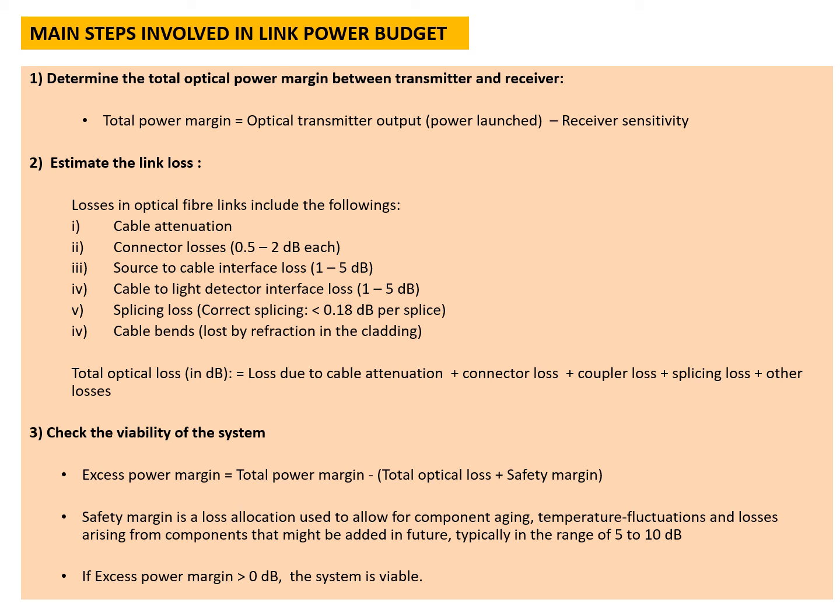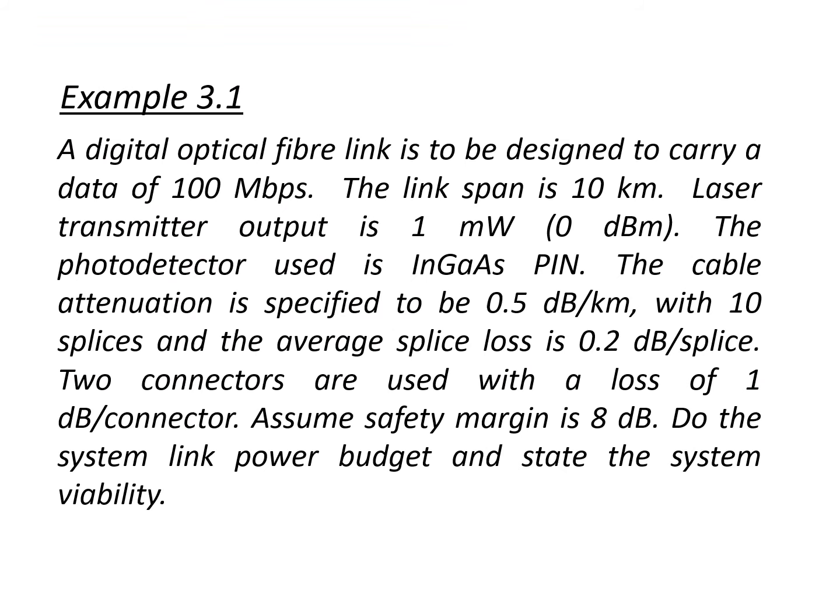Safety margin is a loss allocation for component aging, temperature fluctuation, and losses from components in the future. Typically, the safety margin is in the range of 5 to 10 dB. If excess power margin is greater than 0 dB, it means the system is viable.